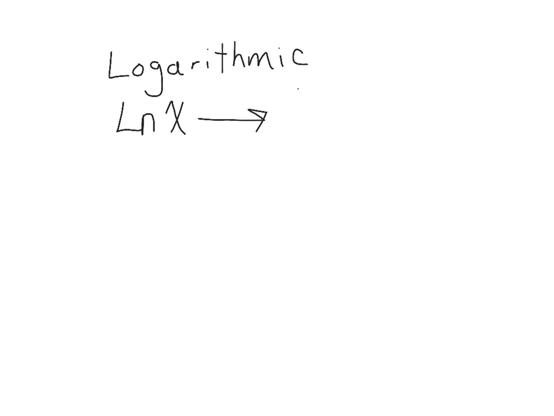The next derivative rule we would be looking at is logarithmic rules. We don't look at those functions very often, but you should still understand how to take the derivative. And again, in this course, we only look at natural log or ln. And so the derivative of ln x would be simply 1 over x.